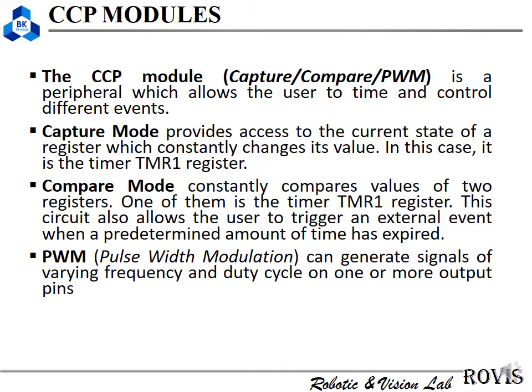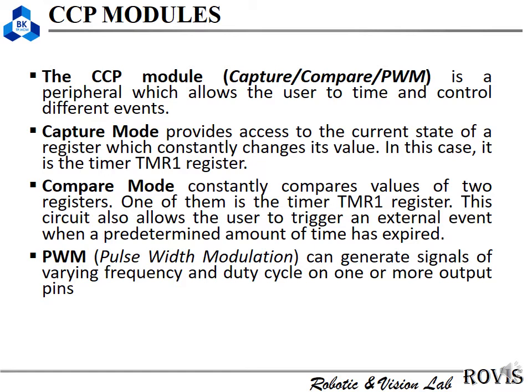And what is the CCP module? The CCP module is comprised of three modes: capture, compare, and PWM. The capture mode provides access to the current state of a register which constantly changes its value. For example, you can read the Timer1 register value anytime.